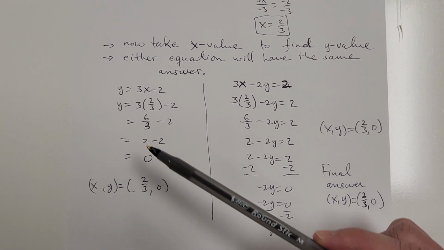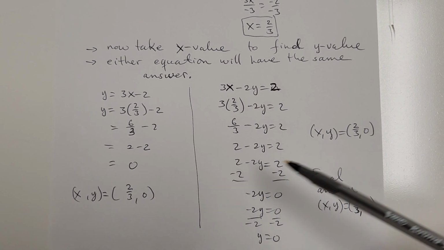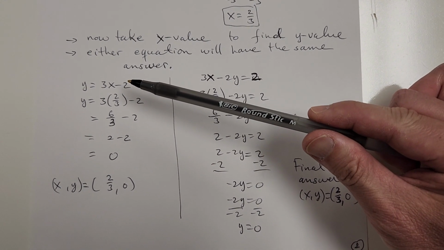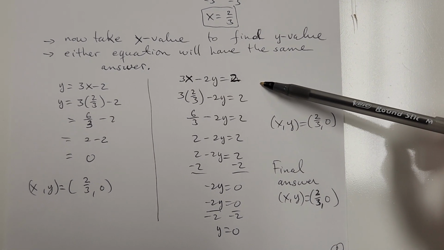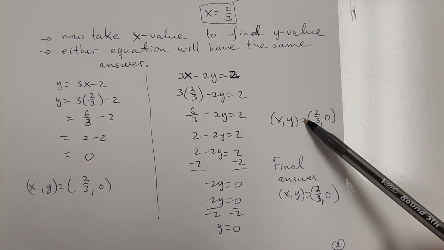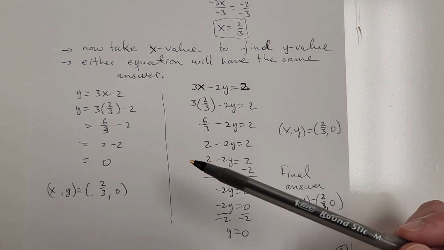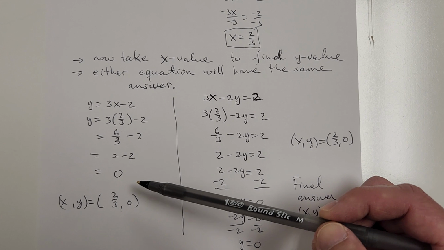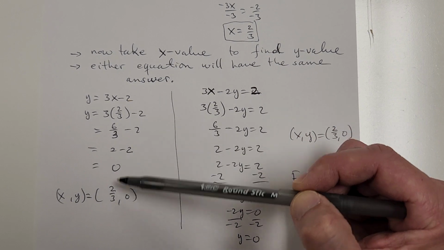And as you can see, the left hand and the right hand are the same answer. So it doesn't matter if you go back and get the second variable using the first equation or the second equation, the answer will be the same. As you can see, 2/3 comma 0, 2/3 comma 0. Whatever the first variable is, if you take that variable and find the second variable, it is the same answer.